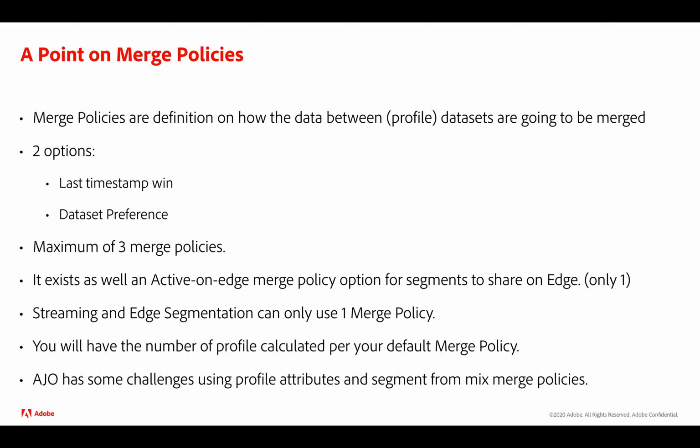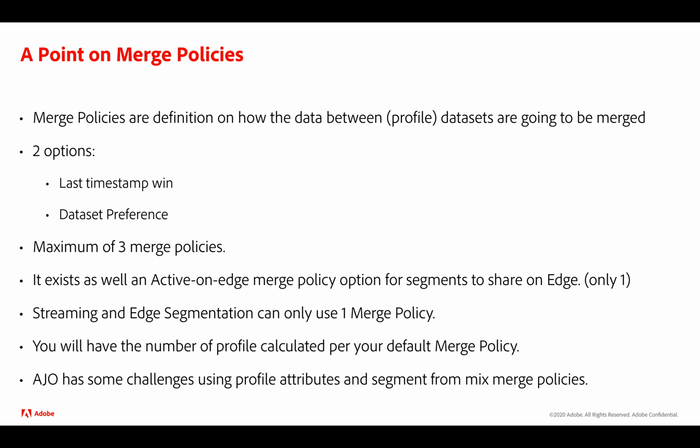So you have a maximum of 3 merge policies in Adobe Experience Platform. And we have also something called the active on edge merge policy option for sharing data to edge. As of today, streaming and edge segmentation can only use one merge policy. You cannot use two merge policies for streaming or edge.